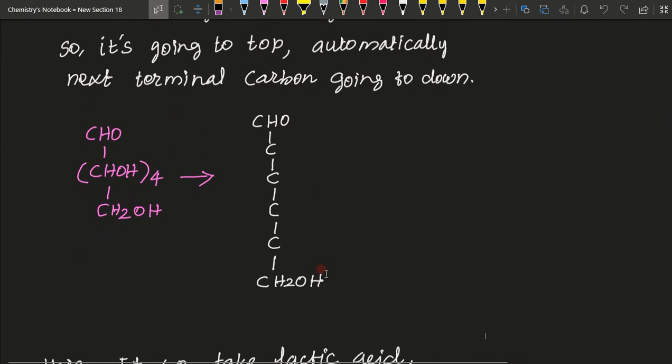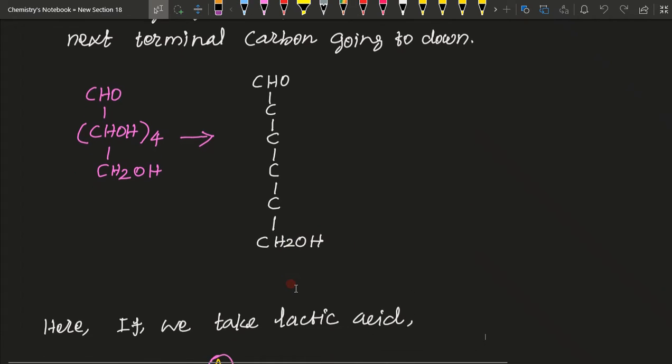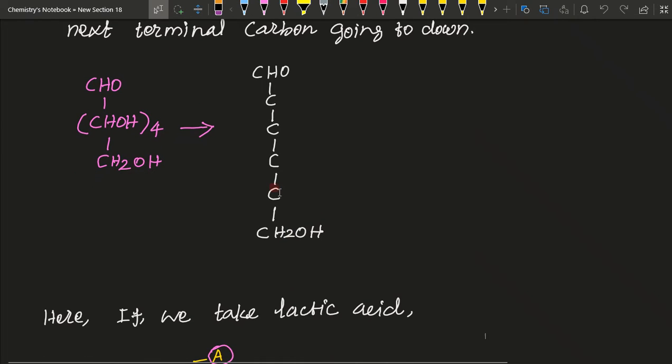We can write it like this: CHO, four times carbon, and last one CH2OH, primary alcohol. I think we know primary alcohol, secondary alcohol, tertiary alcohol, quaternary alcohol. This is the primary alcohol, CH2 and OH.